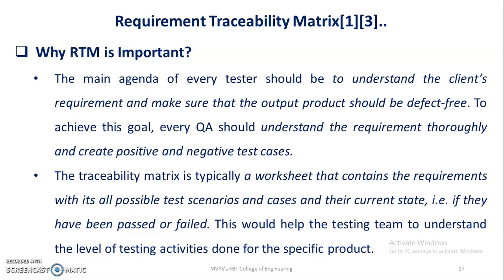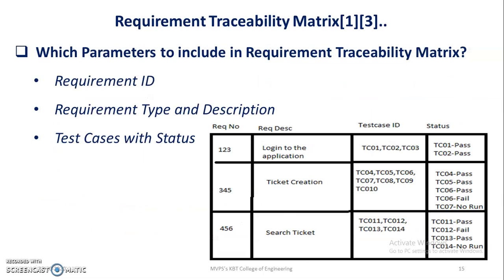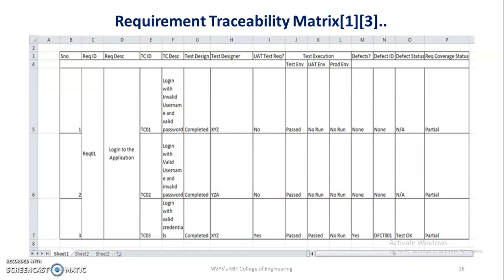Before discussing why the requirement traceability matrix is important, first we will discuss the advantages of this matrix. Basically, it gives an overview of all the requirements. It shows how requirements are linked to test cases. It's quite easy to prepare. No special tools are required to prepare a requirement traceability matrix.